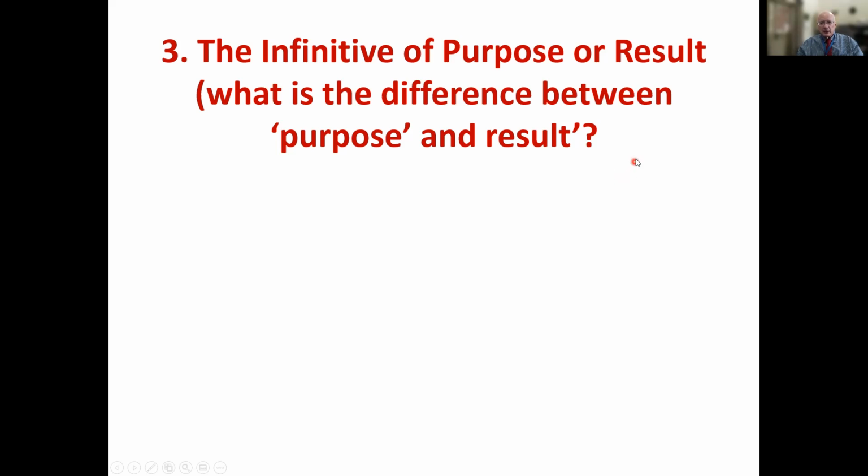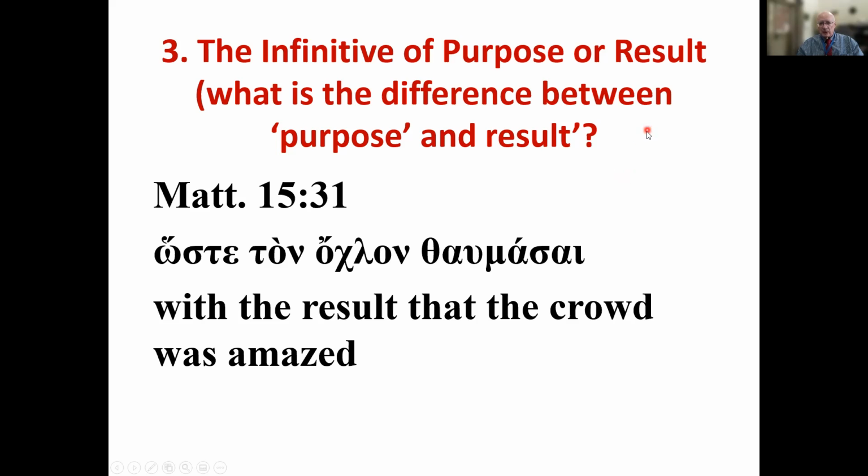But again, the infinitive can express purpose, or result, with the result that the crowd was amazed. So that the crowd was amazed, to amaze. Here it is expressing result.